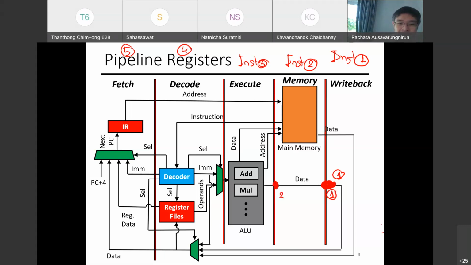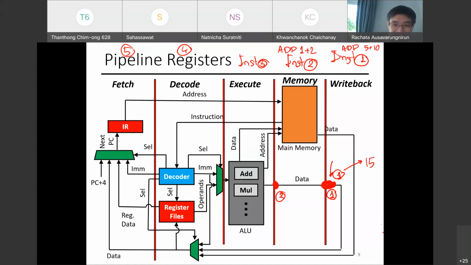Instruction 2, right? Let's say instruction 1 is add 5 and 10, right? So over here, what value should the data be? The instruction says, I want to add 5 and 10. So what's the value I should see right here? It's the result of the add, so you should see 15, right? Let's say instruction 2 is add 1 plus 2, right?